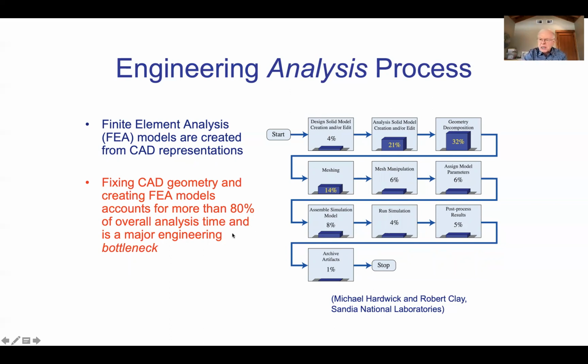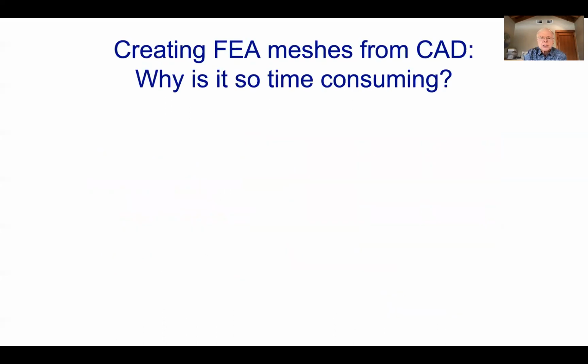And this was over many different types of analysis that are done by numerous analysts, thousands at Sandia. And this really constitutes a big bottleneck in industry. And again, in the process, you introduce a lot of geometry approximations that can lead to substantial inaccuracies.